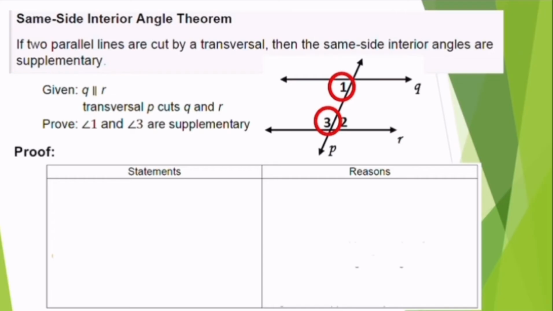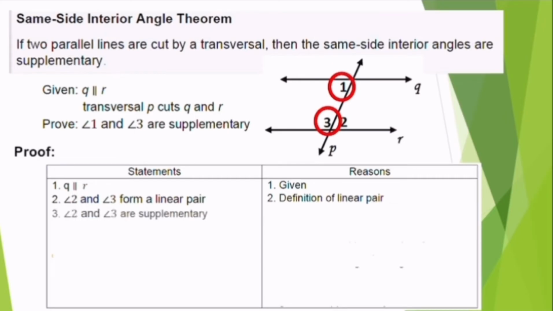For our first statement, line Q is parallel to line R. The reason is given. Next statement, angle 2 and angle 3 form a linear pair. The reason? The definition of linear pair.